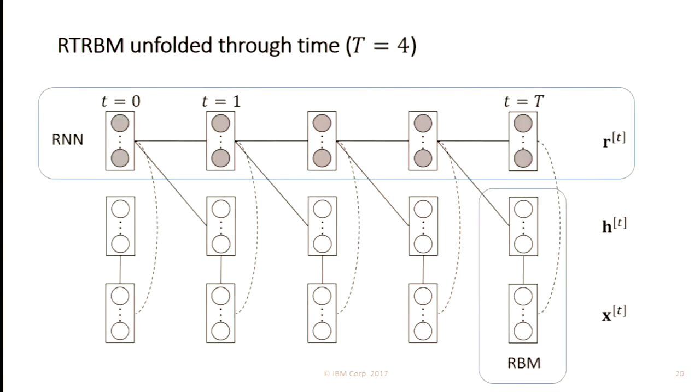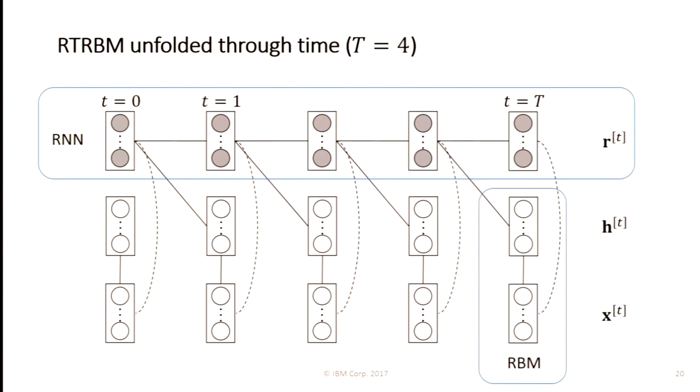So if you unfold recurrent temporal RBM through time, you can see this kind of form. You have this recurrent neural network here, and at each point, your output is a restricted Boltzmann machine instead of real valued vectors. Once you unfold this through time like this, it can be seen as an energy-based model.